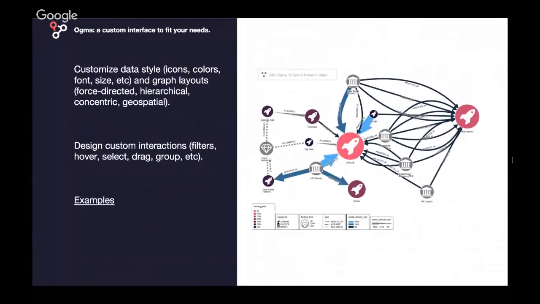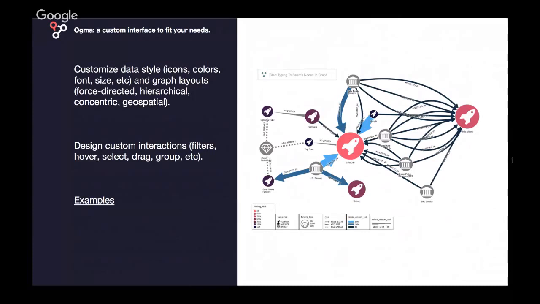Ogma is used to render data on your web application on the screen. And the idea behind Ogma is that you're going to define styles to actually set the colors and shape of your data, as well as define different graph layouts that are going to impact how the data is rendered on the screen.